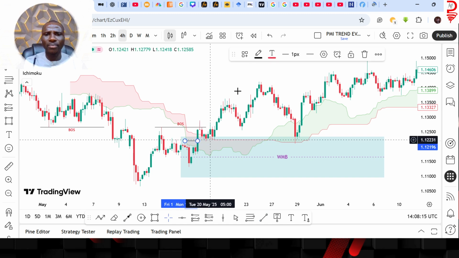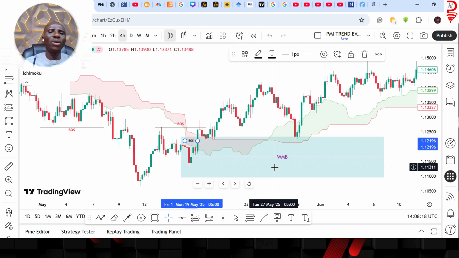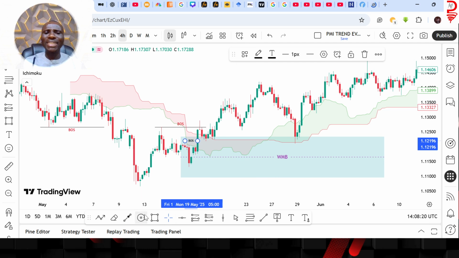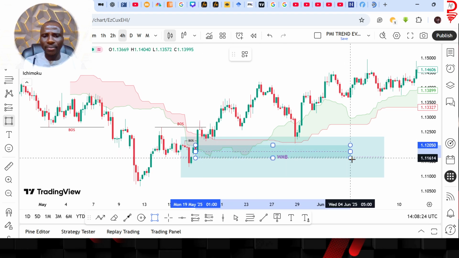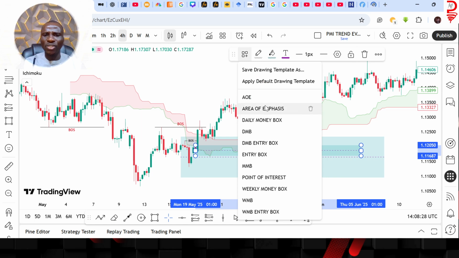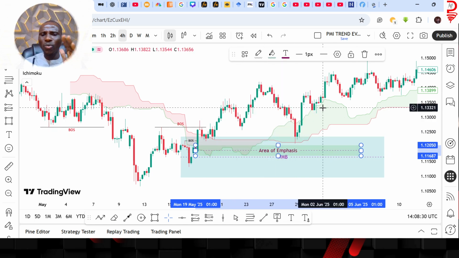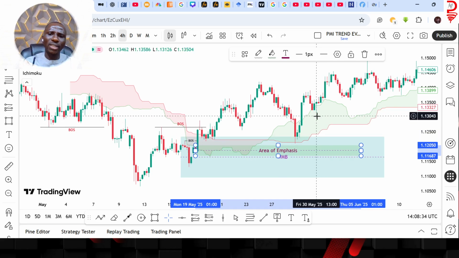Now, this is a break of structure inside the money box. Now, the origin that created that break of structure was this one. And this will form your area of emphasis. Do you see the step-by-step way of spotting our trade opportunity?